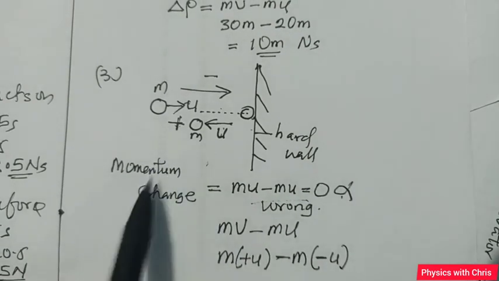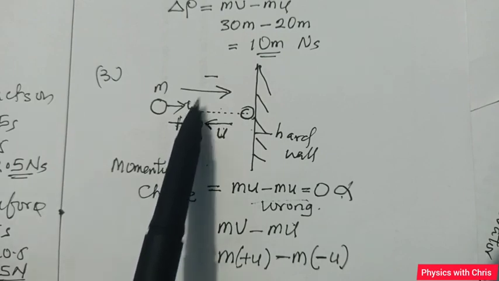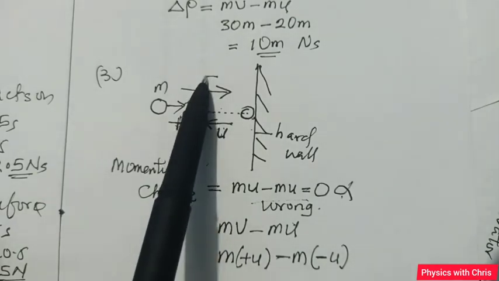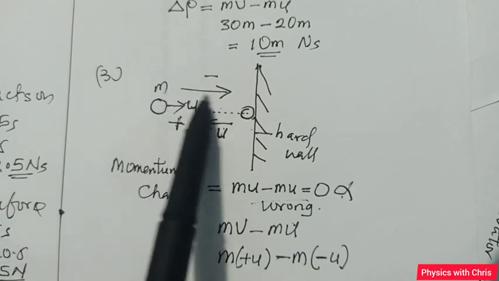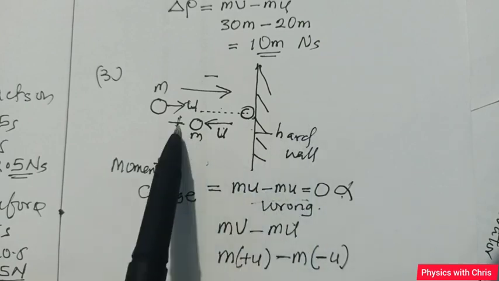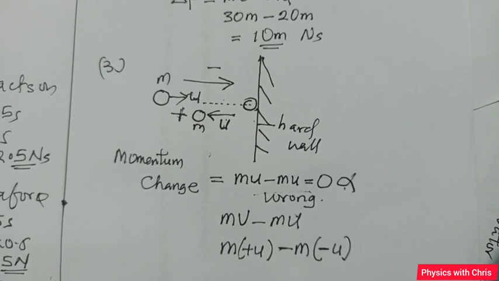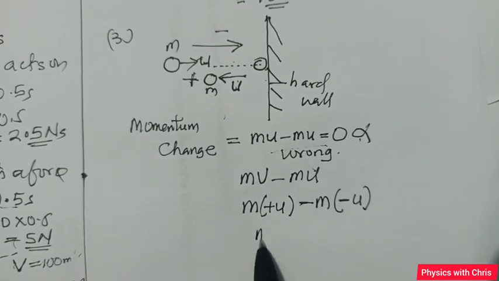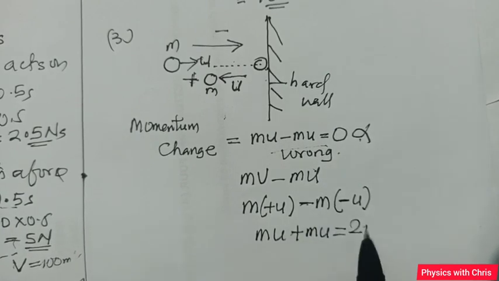This negative is because the direction of the initial velocity has been assigned negative. So this gives me mu minus minus mu, which gives me plus mu. That gives me 2mu.